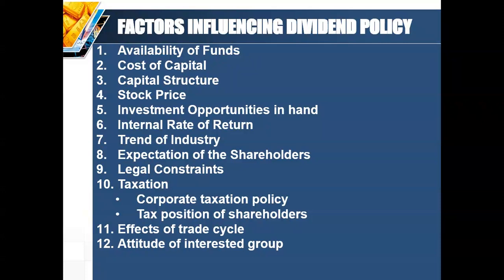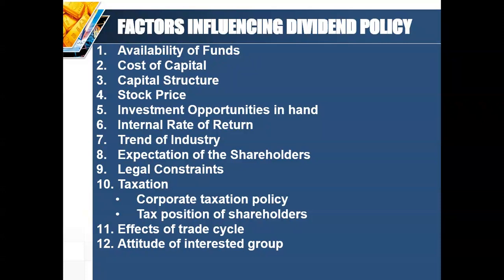Dividend shall be declared or paid by a company for any financial year only out of the profits of the company for that financial year or years, arrived at after providing for depreciation, or out of the undistributed profits, or out of both. Sometimes it is out of money provided by the central government or state government for the payment of dividend by the company in pursuance of a guarantee given by that government.